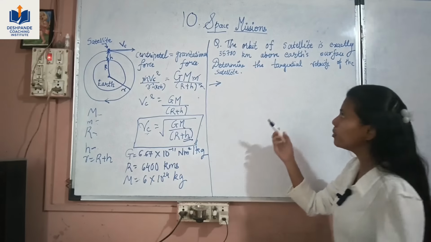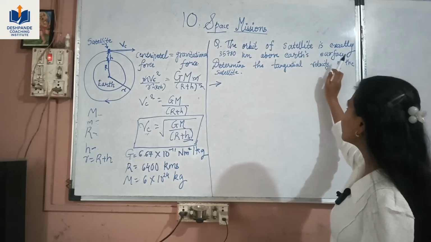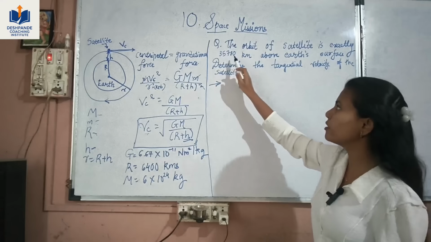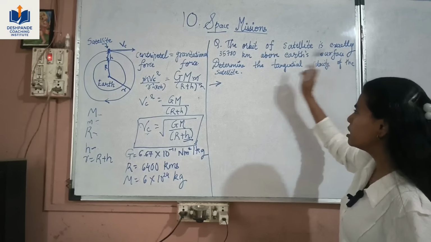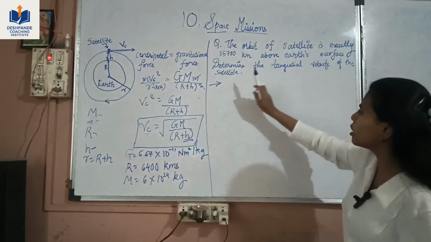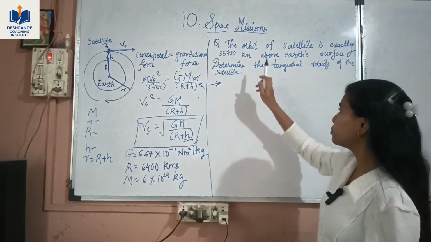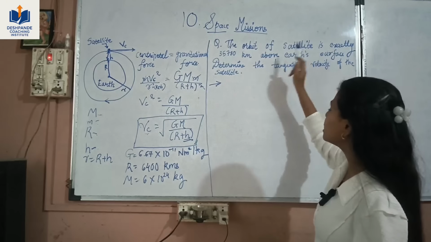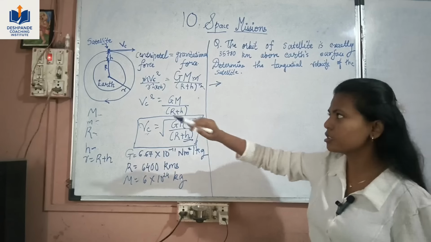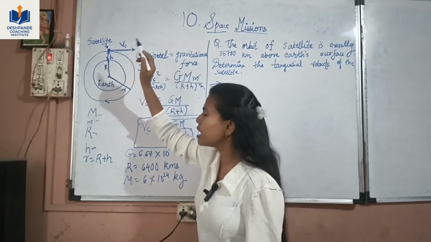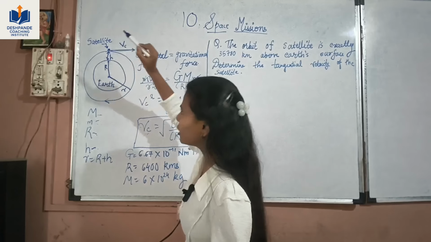So let's come to the numerical. I'll first read out the numerical. The orbit of a satellite is exactly 35,780 kilometers above Earth's surface. Determine the tangential velocity of the satellite. Let us first understand what is given in the example. Orbit of the satellite is exactly 35,780 above Earth's surface. As we saw in this diagram, above Earth's surface means they have given the height h.